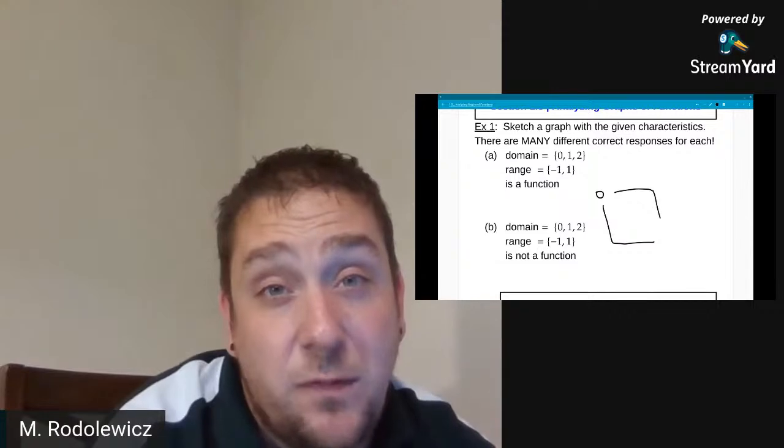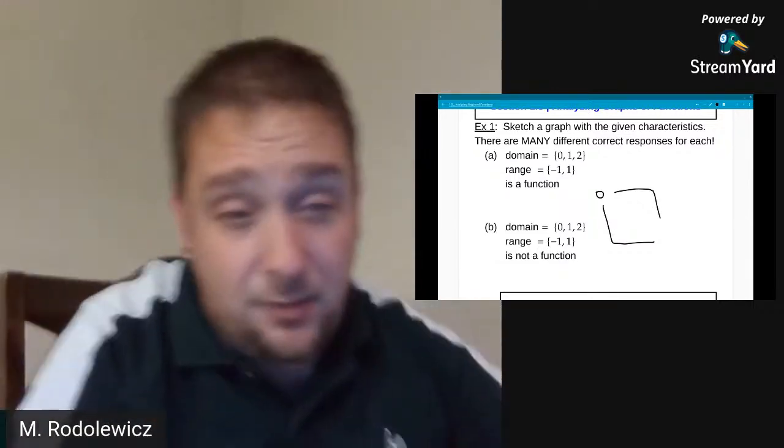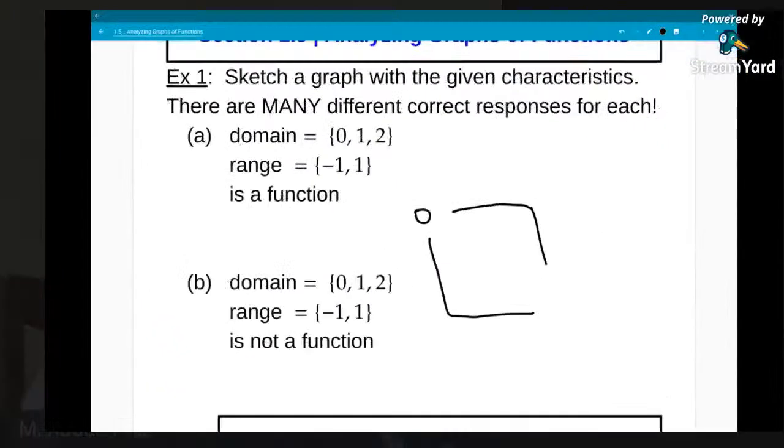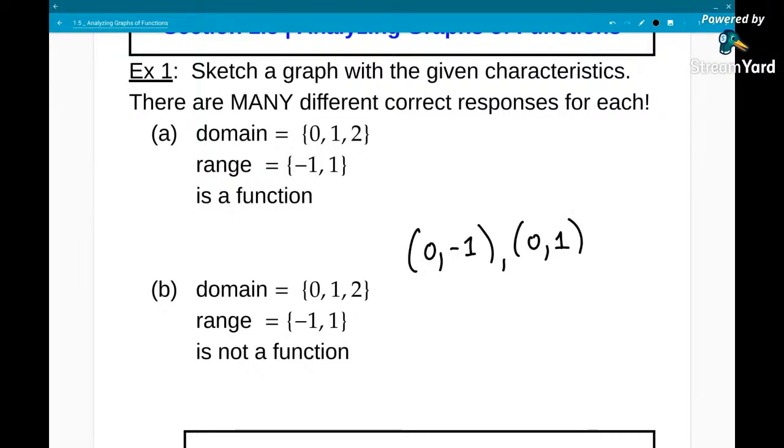I could make this fail becoming a function immediately. And maybe I'll do that right now. So I can say 0 outputs both -1 and 1. That's not a function. You can't have 2 outputs. Not mathematics, not a mathematical function. But I'm going to say it did. 0 pairs with -1. 0 pairs with 1.